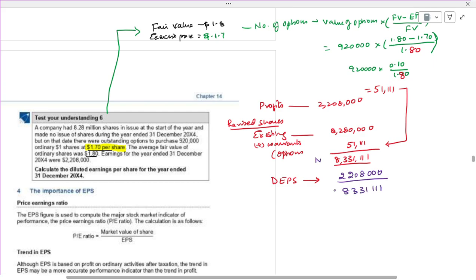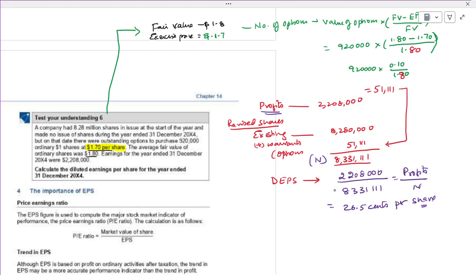This is the number of shares. These are profits. Profits divided by number of shares. How much will you get? 26.50 cents per share. 26.50.